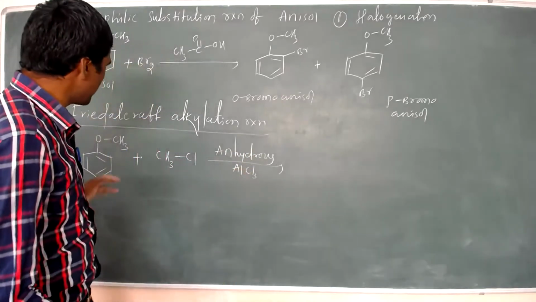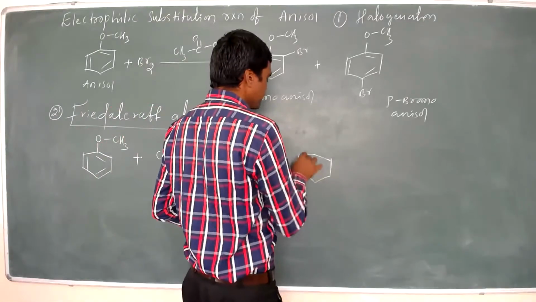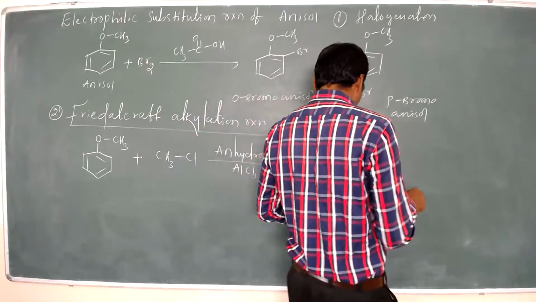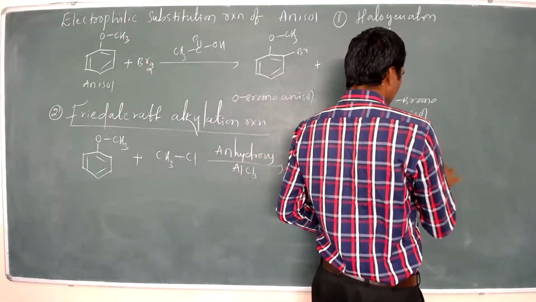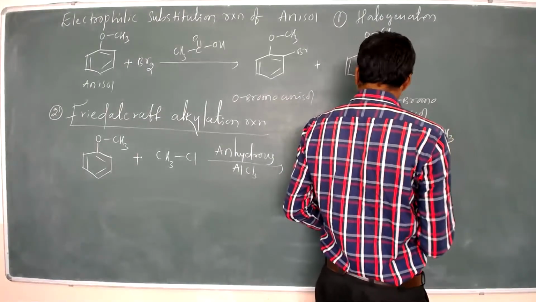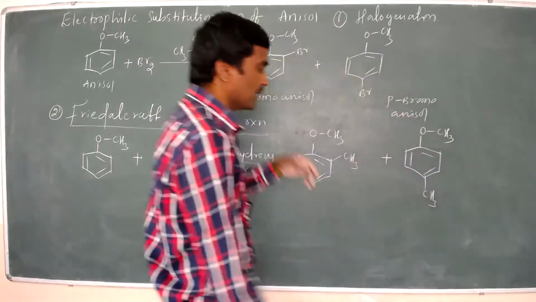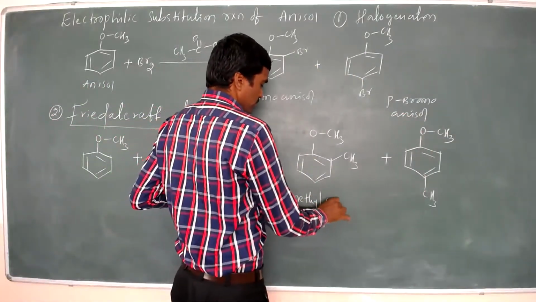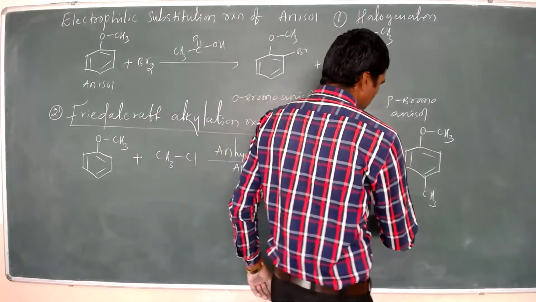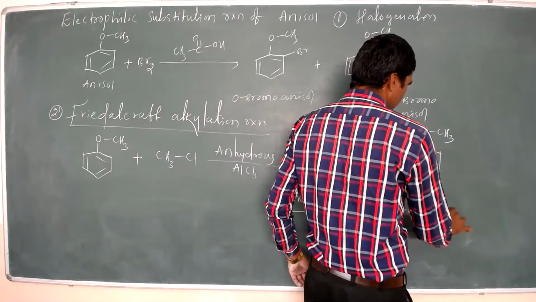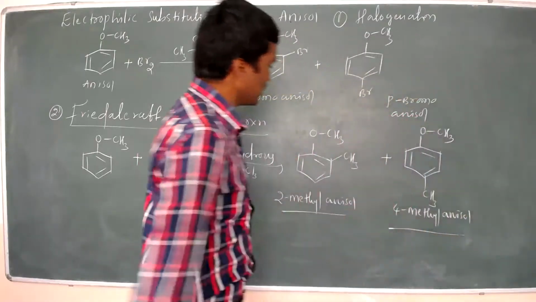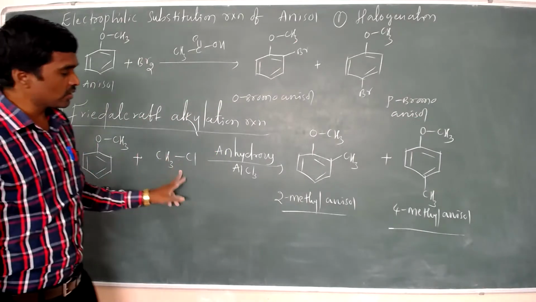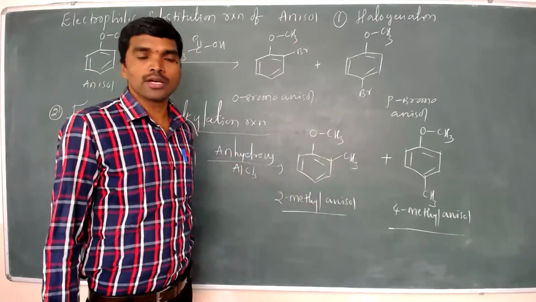In the presence of anhydrous AlCl3, then what happens? 2-methyl anisole plus 4-methyl anisole will be formed. So this is the Friedel-Crafts alkylation reaction. Anisole reacts with methyl chloride in the presence of anhydrous AlCl3. So these are the products formed.